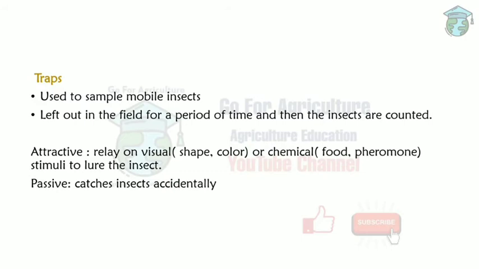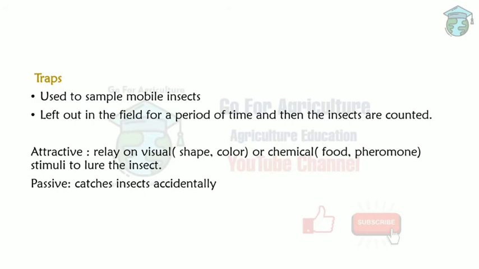Chemical means they use a food source or pheromones. Pheromones are sex hormones released by the females to attract the male insects. In the market they artificially synthesize the pheromones and apply them on the trap, so that it attracts the male insects, thinking that a female is calling for mating, but no, it's a trap.